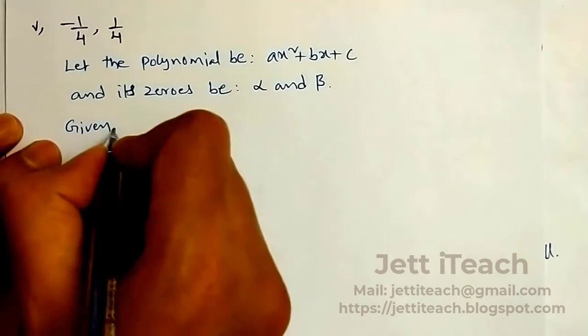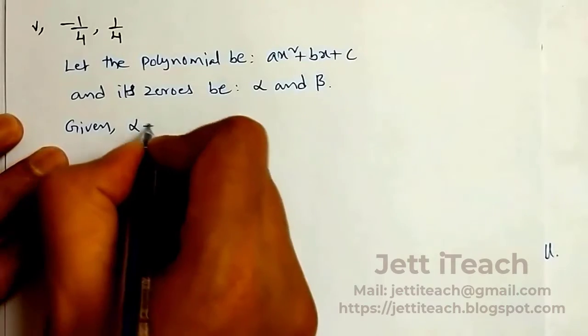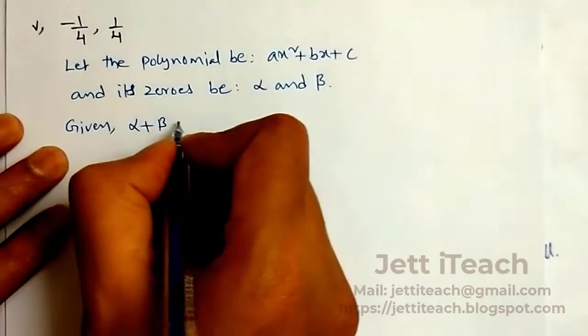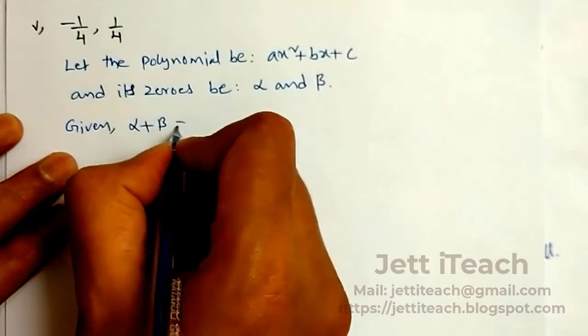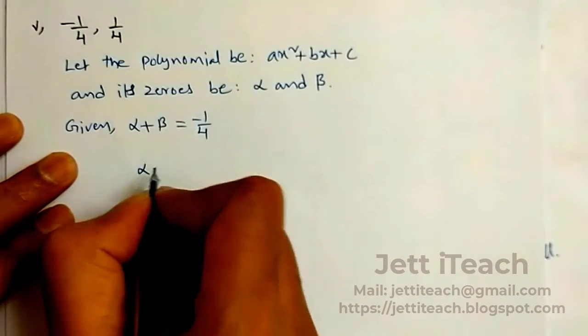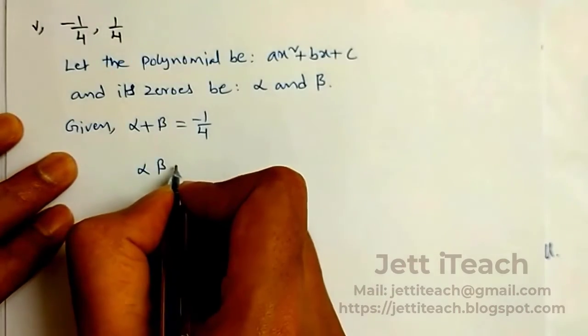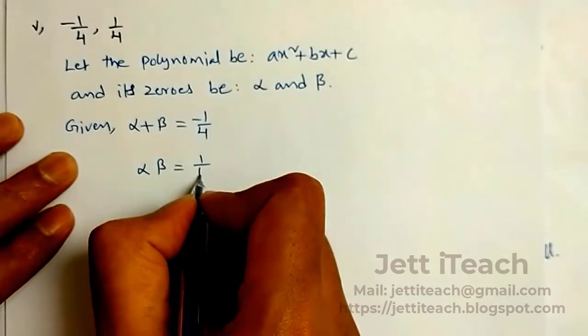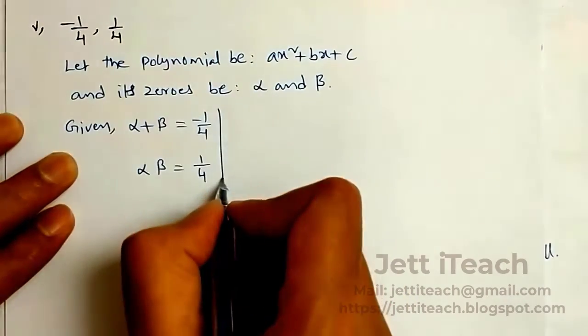Given, what they are given: sum of roots alpha plus beta equal to minus 1 by 4, product of the roots alpha into beta equal to 1 by 4.